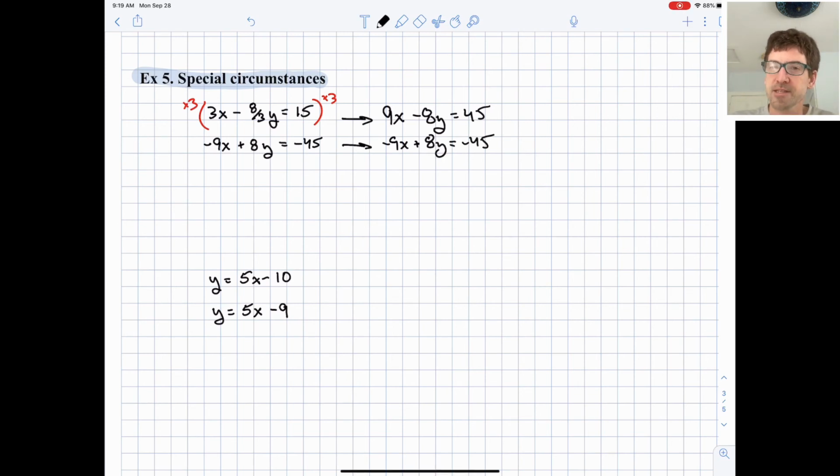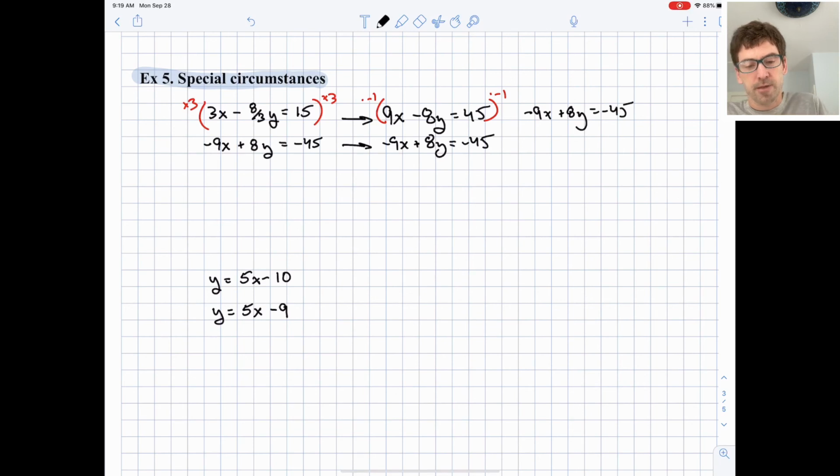I think you can probably see some similarities there. Let's try multiplying the top equation just through by a negative 1 and see what we get. So times a negative 1 on both sides. And we get a negative 9x plus 8y equals negative 45. And I hope you can see that our 2 equations are the same equation.